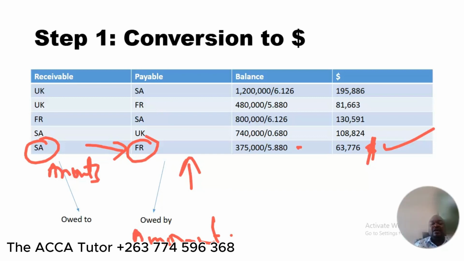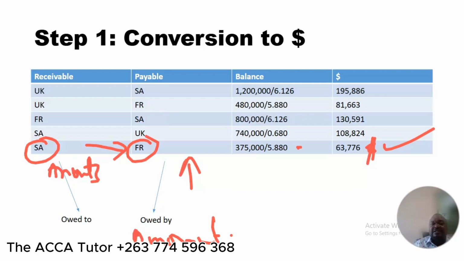These are the payables and the receivables, they are amounts. A payable is an amount owed by a certain company to another.